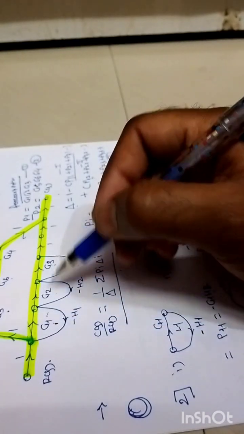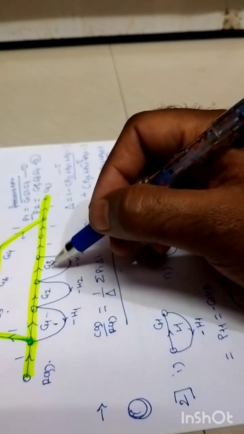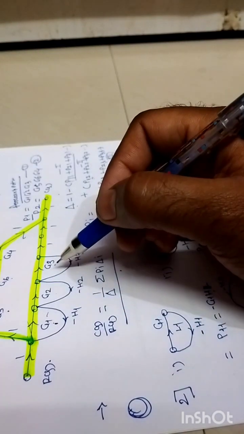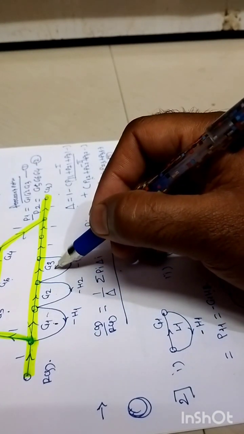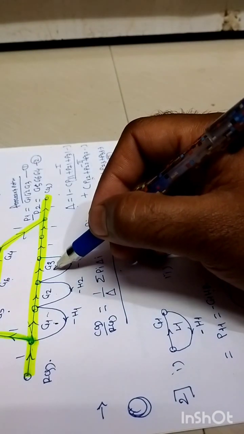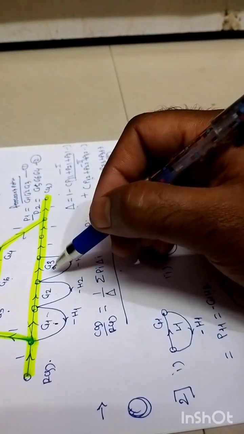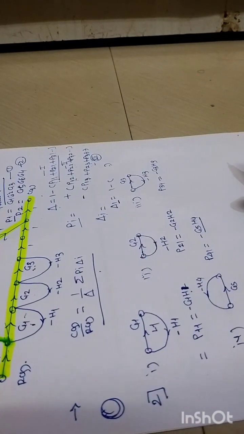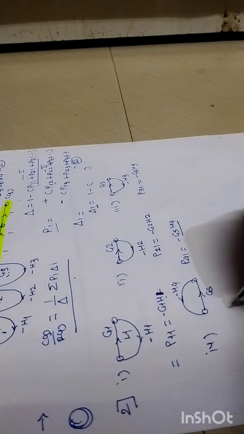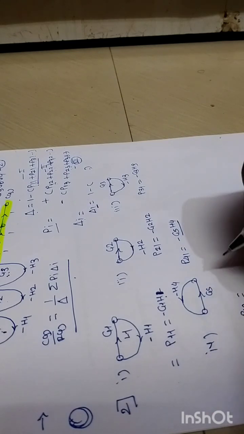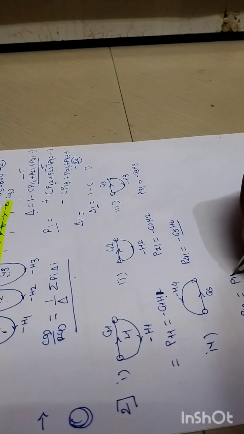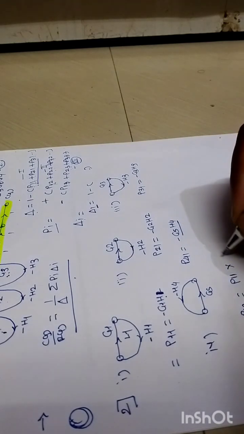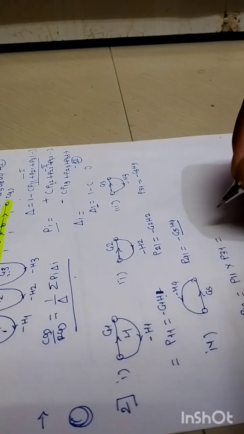But when we compare the first and third, we come to know that these two loops are non-touching because they do not share the same elements or the same node. These two loops have nothing to do with the same nodes. So the product of these two non-touching loops can be written as P12. P12 is nothing but P11 into the third loop, P31.